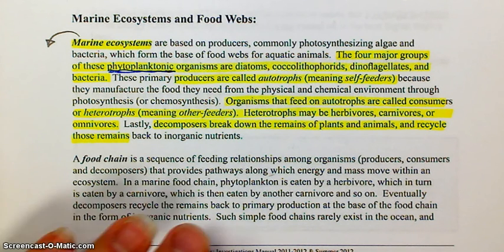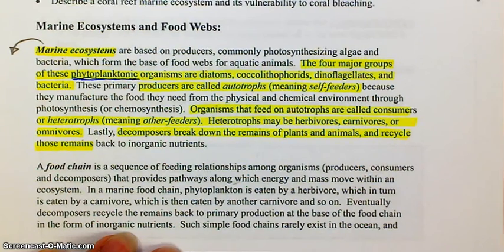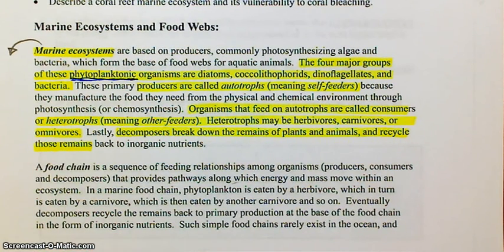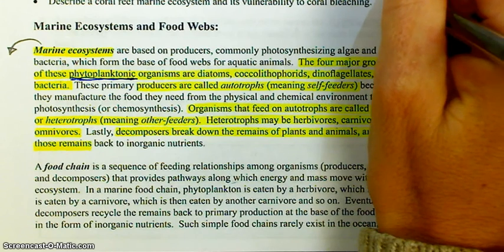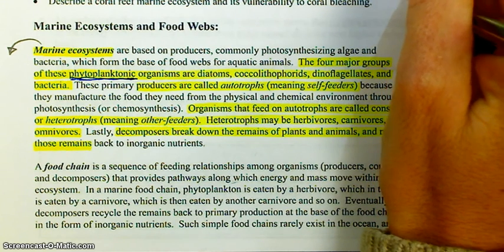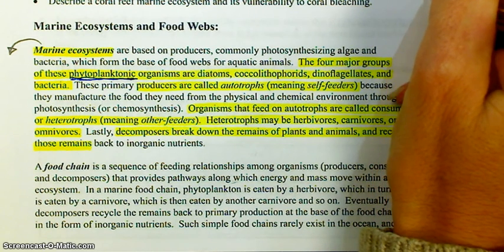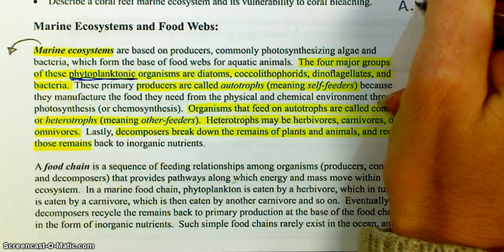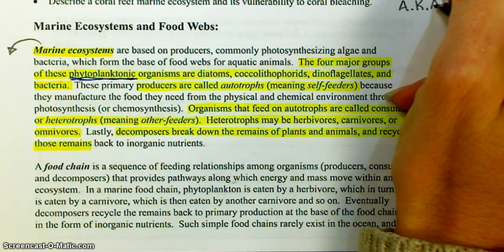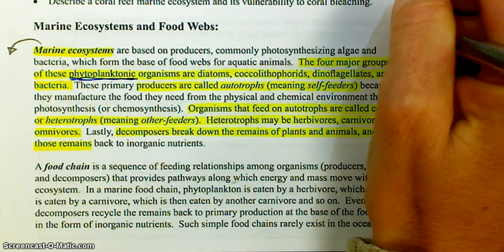Okay, so here's what I want you to do. Come over here where you've got a little bit of room and remind yourself that consumers, the word consumers, is also known as heterotrophs.